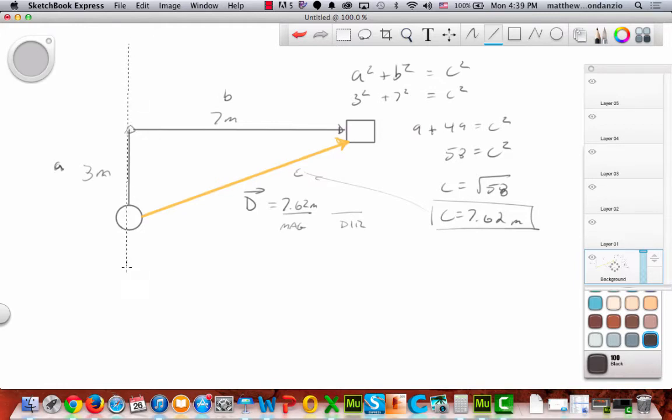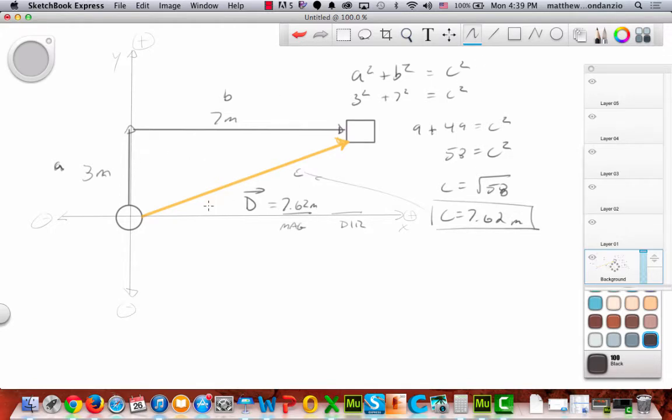So if we assume that we started at an origin of an xy curve, where this is our x and this is our y, where up in y is positive and to the right in x is positive, and down in y is negative and to the left is negative, we can assume that we could get to this resultant vector from two different directions. We can get there from the x-axis, or we can get there from the y-axis.